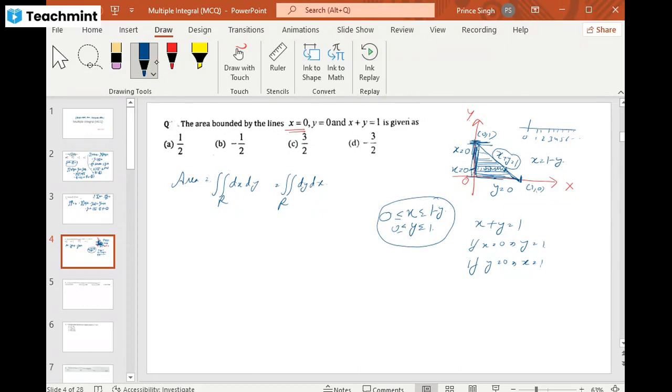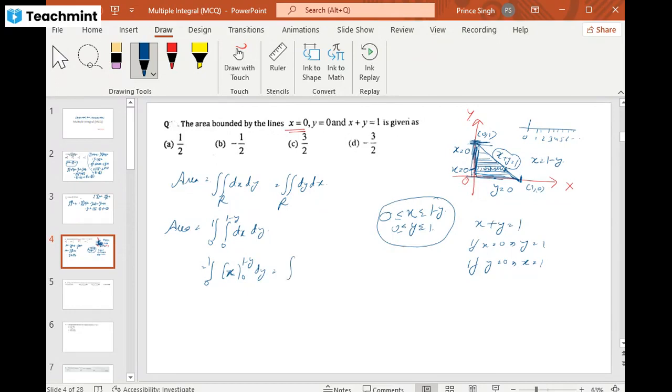So this is the limit of x and y if we firstly move horizontally. It means that what will be the area? Area is given by the integral from 0 to 1, 0 to 1 minus y, dx dy. So this is equal to the integral from 0 to 1 of the integral of dx, which is x, with the limit 0 to 1 minus y, dy.